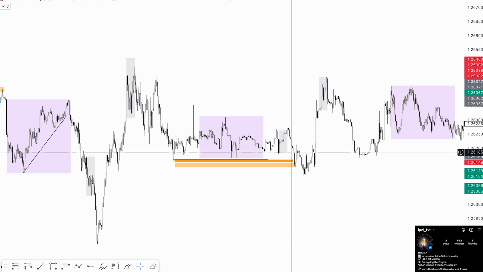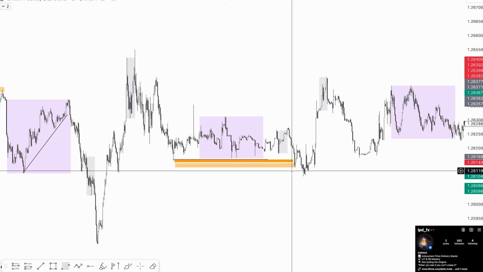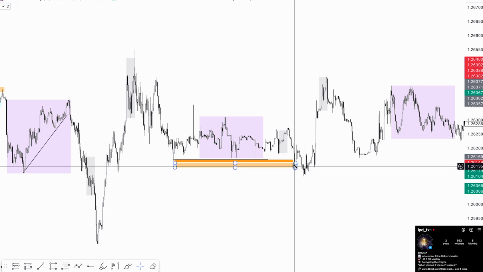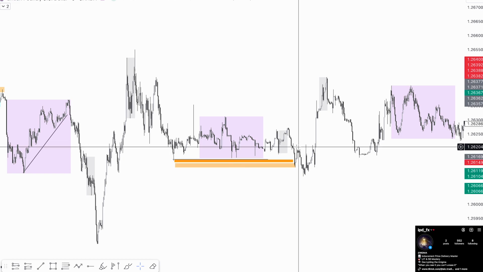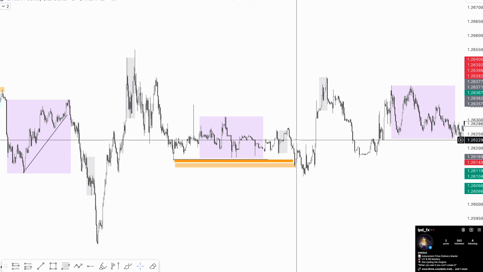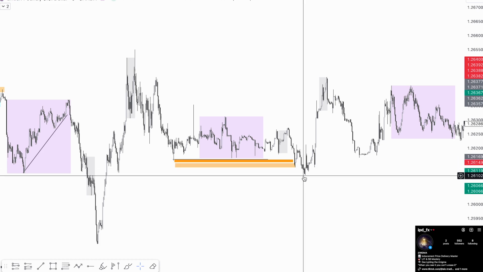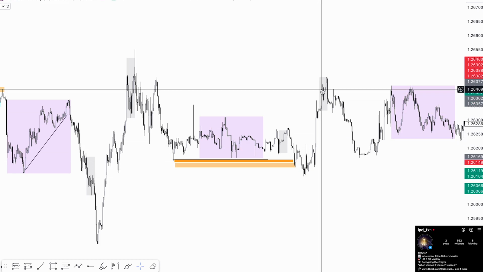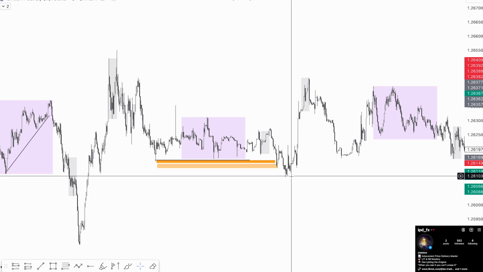Market goes here, takes out the stop, manipulates the stop loss, activates the breakout traders. It gives the first reaction. Here it went up. Probably the stop loss is up here, or whatever. It gives the reaction, and then boom, we take out everyone. Okay, so as you can see, it's always the same stuff.